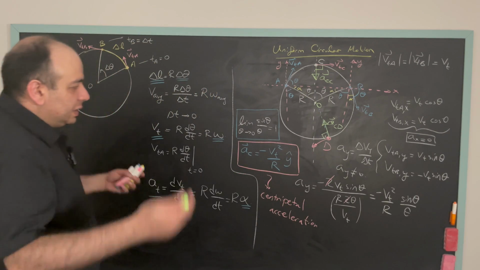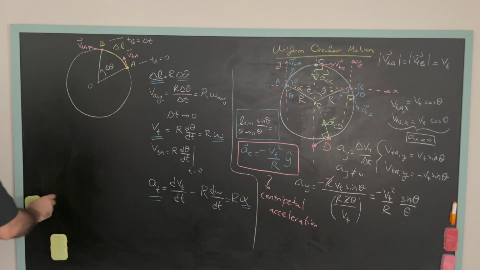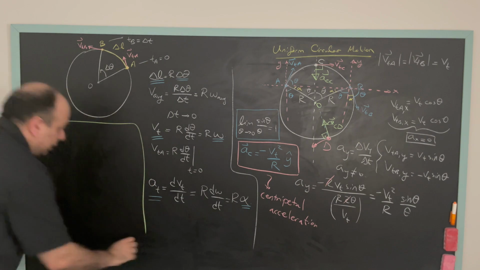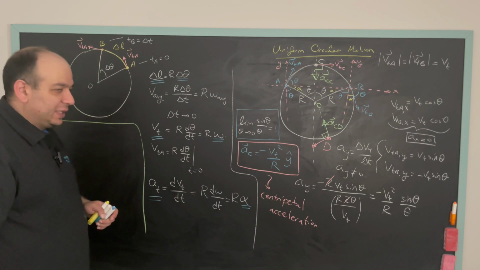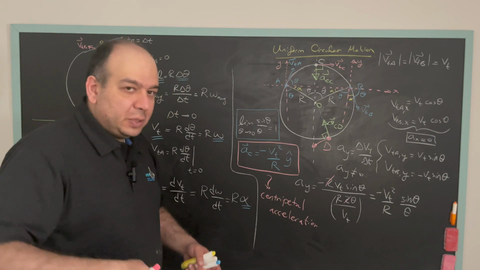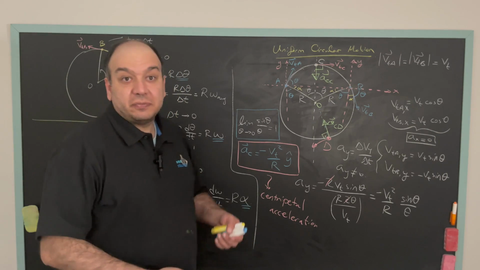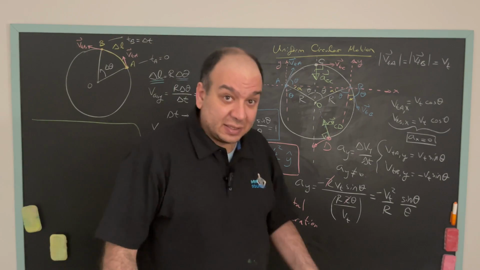Okay, in the most general case then, we may have both a centripetal acceleration and a tangential acceleration. So in that case, we are not only moving on a circular trajectory, but we may be speeding up or we may be slowing down. So the speed is not constant, okay?